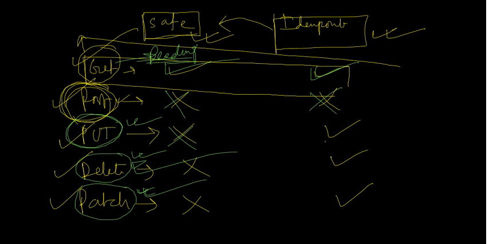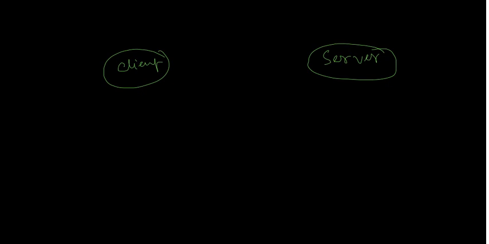So why are we talking about the safety and idempotency of a method? Think about it like this. You have a client and you have a server, and you are sending a request. The server will pick up your request and process it. Then the server sends a response to the client.